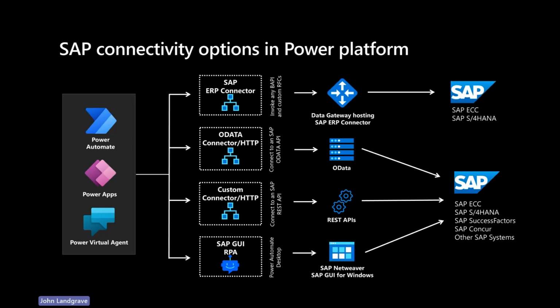So if you are using SSO, or even if you're just using Windows auth but not using SSO, if you're using a token-based authentication mechanism instead of an ID and password-based SAP mechanism, then you will also have to configure Kerberos between the SAP system and the data gateway, and the data gateway needs to be configured in a way that it's authorized to issue impersonation tokens on behalf of the SAP server.